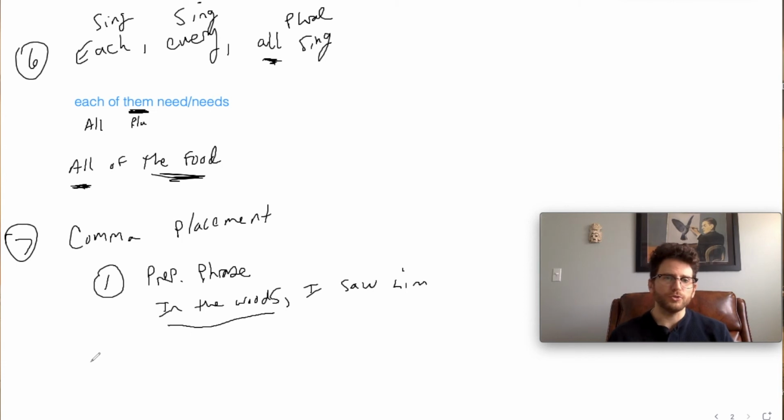The other place where you need commas, and where I see them misplaced often, is when I have 2 complete sentences that are connected with a conjunction. And remember, conjunctions are words like and, but, or, so. For example, let me type it out, it's faster.